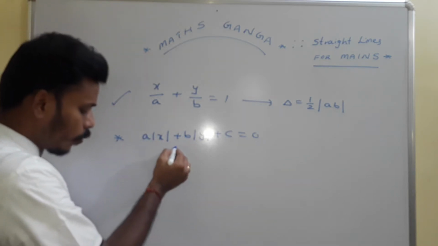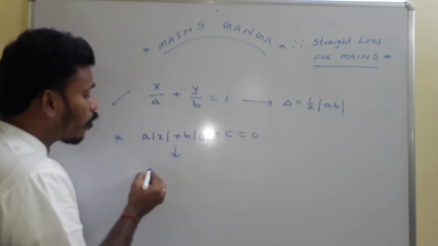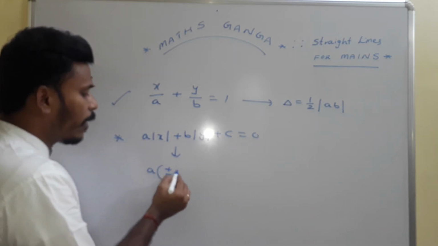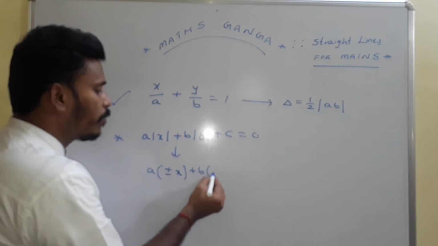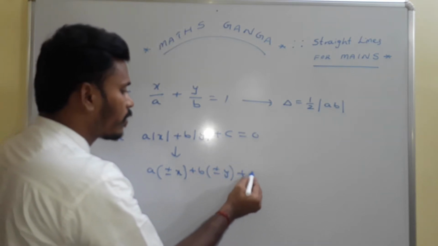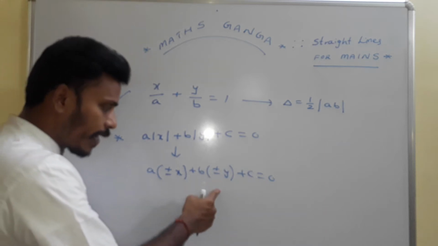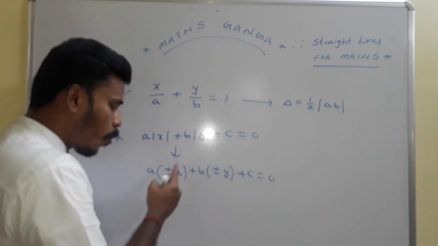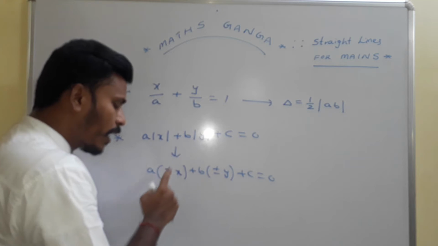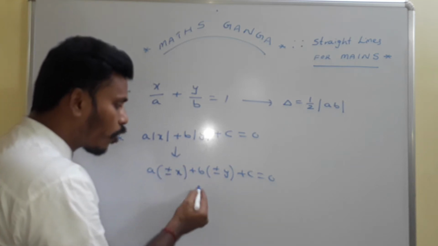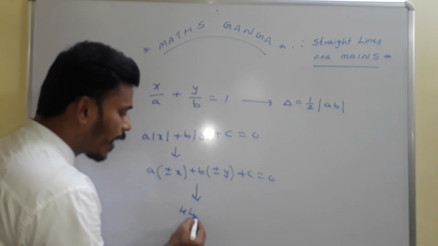Then this modulus equation will represent four different lines, in the sense a into plus or minus x plus b into plus or minus y plus c equals to 0. We have different options: both plus signs, both minus signs, one plus and one minus sign, and here plus and there minus sign. So totally it represents four lines.